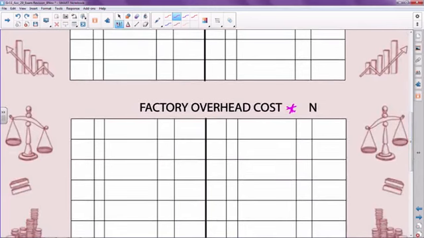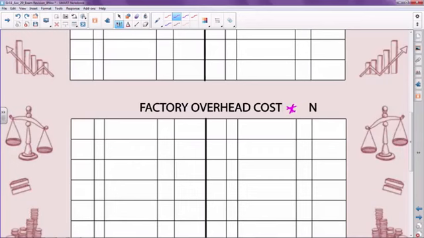Now again, a reminder, because this is supposed to be revision and you guys should be aware of concepts, but just in case you've forgotten, factory overhead cost refers to all your indirect cost that relates to manufacturing. So remember, if you've forgotten your terminology, please make sure you go through this before you attempt exercises on manufacturing.